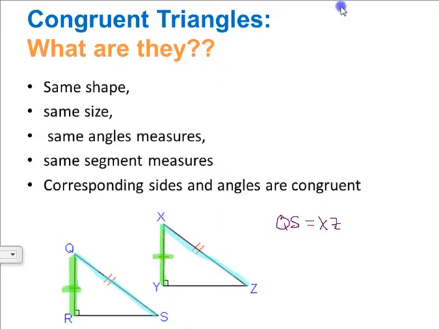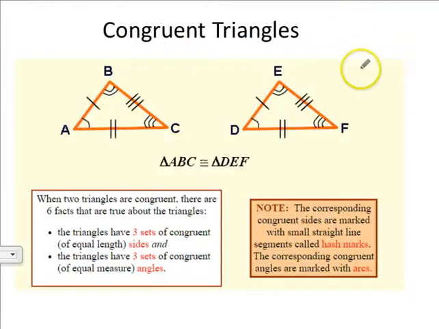All right, so this week we're going to focus on proving triangles are congruent. When 2 triangles are congruent, there are actually 6 facts that are true about the triangles, and we talked a little bit about those. We're going to have 3 sets of congruent sides, as well as 3 sets of congruent angles. So each corresponding side is going to be equal, as well as the corresponding angles.